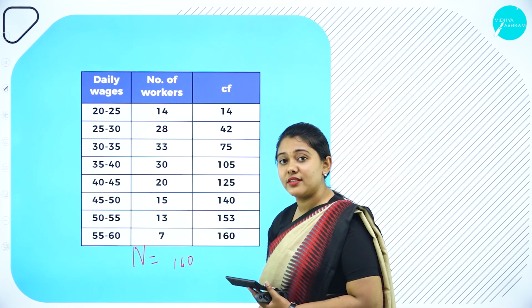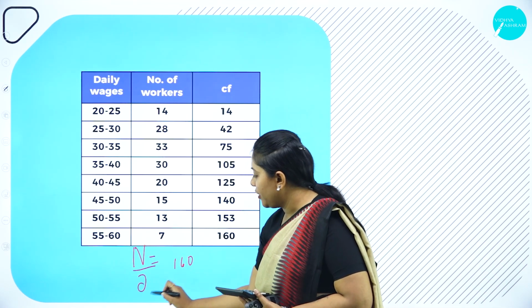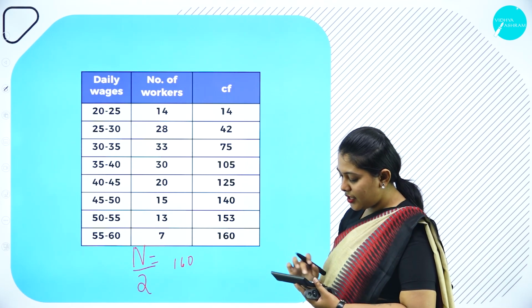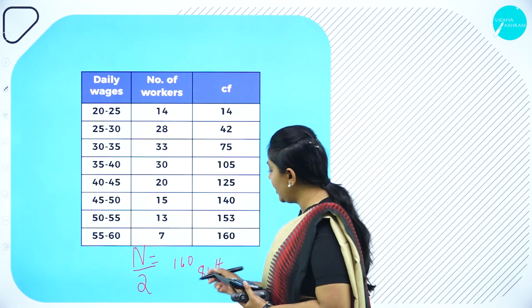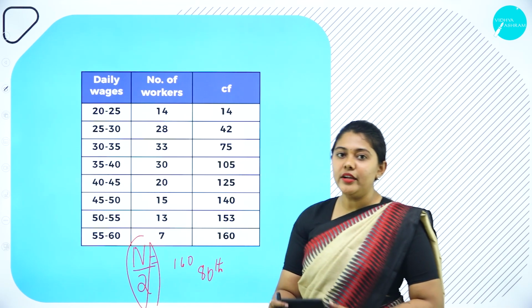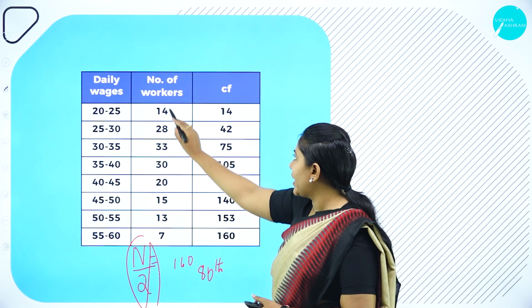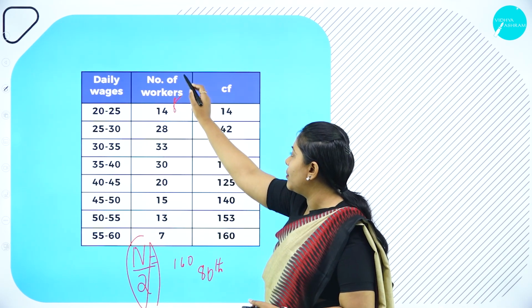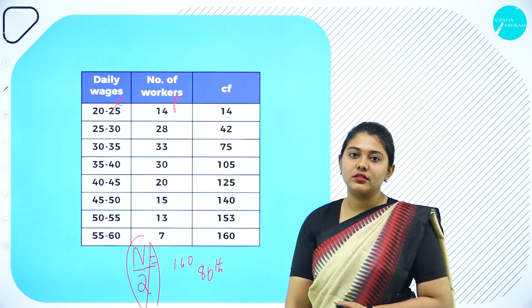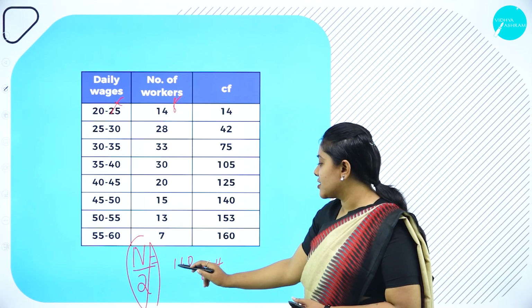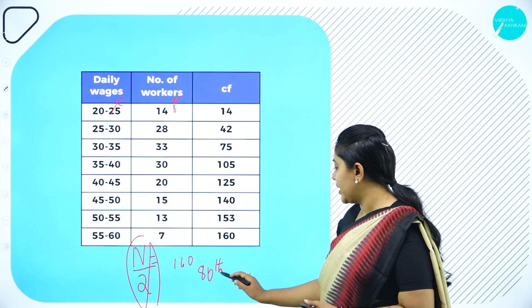So n divided by 2, 160 divided by 2, you will get 80. So 80 is n divided by 2. How did we get this n? By adding the frequency column, we got 160, and if we divide it by 2, we get 80.